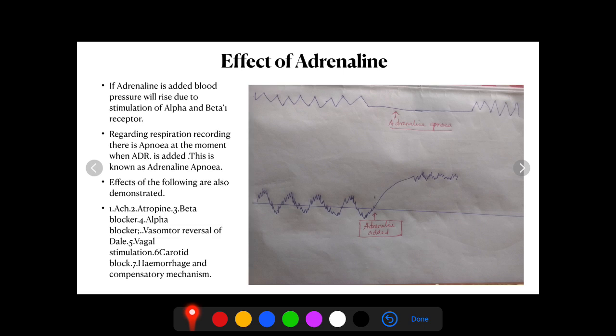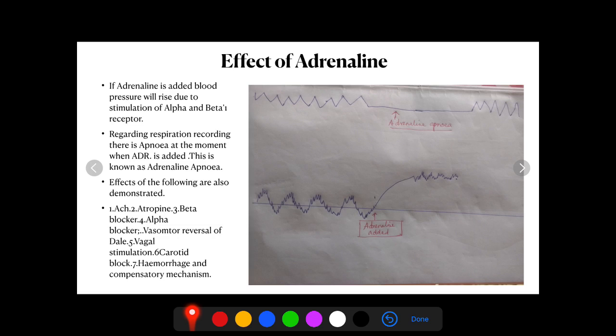Now, carotid block. Already one carotid artery is blocked where the carotid cannula is introduced. If we block the other carotid artery with a bulldog clip temporarily, there will be a rise of blood pressure. Now, what is the mechanism?